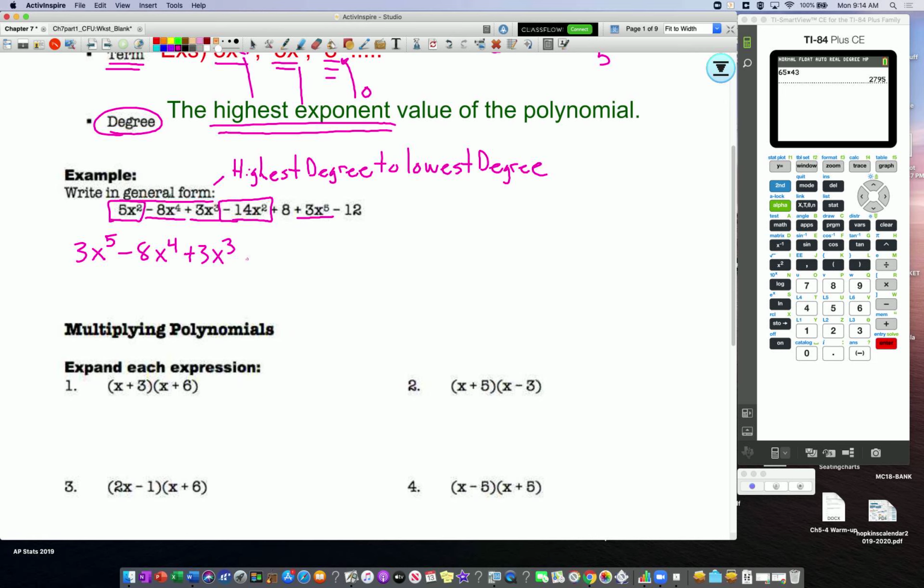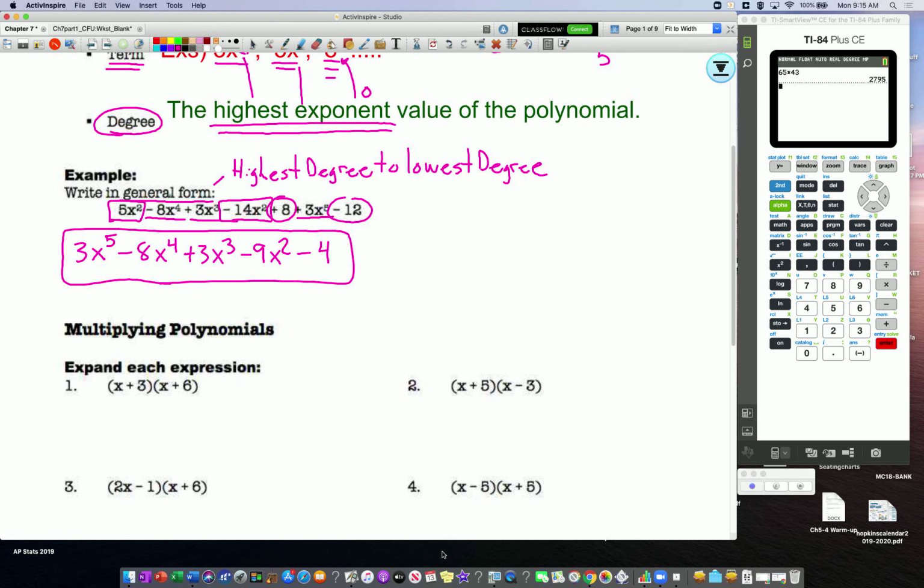So 5 minus 14 is minus 9x squared. And then I have the 8 and the minus 12, which make minus 4. This is considered general form. Notice how it goes from the highest degree, 5, 4, 3, 2, there were no x's, and then the degree 0. All right, so that's how you write it in general form.